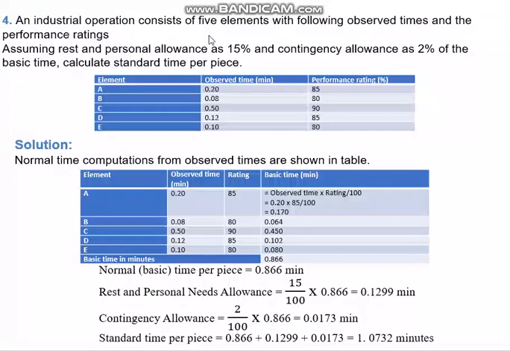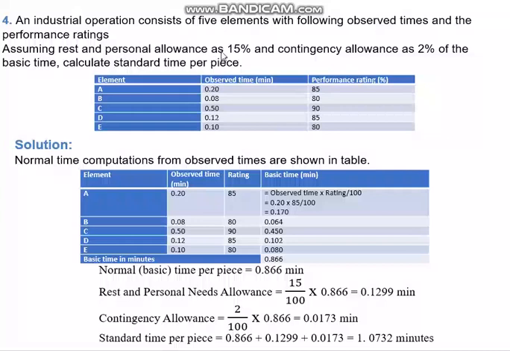An industrial operation consists of 5 elements, work elements like A, B, C, D, E. The observed times and the performance ratings are given. Performance ratings are for the worker. Observed time is the time required to execute this work element.